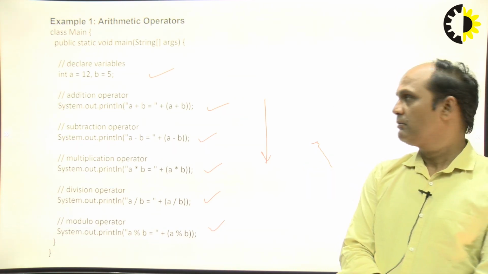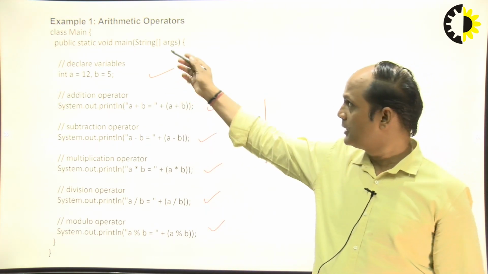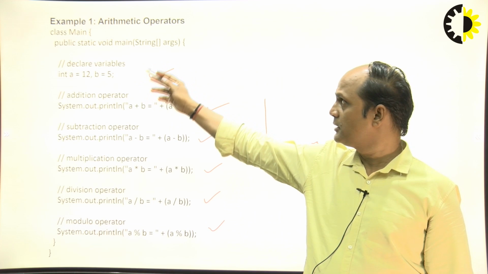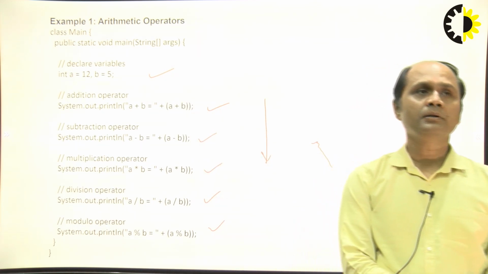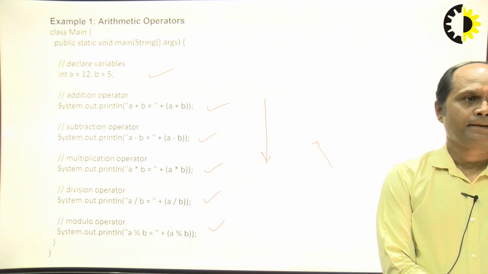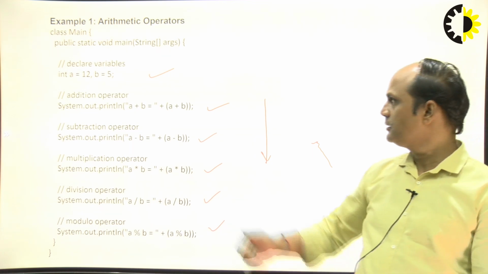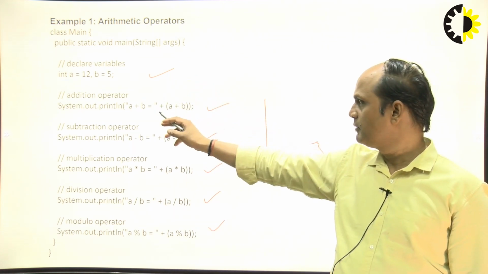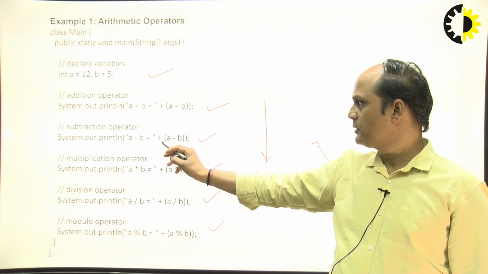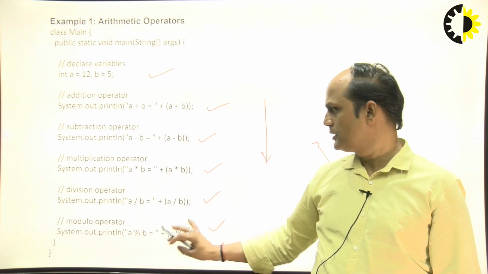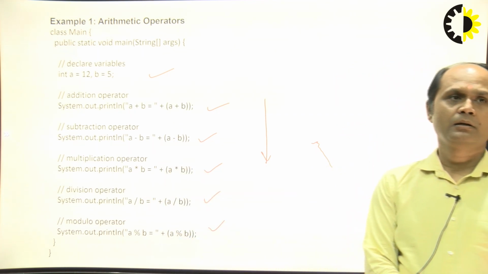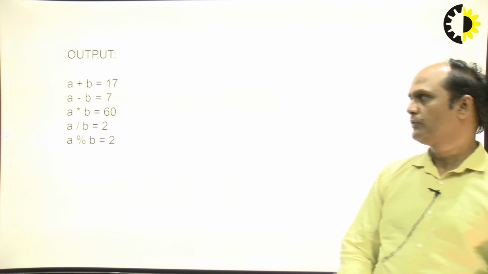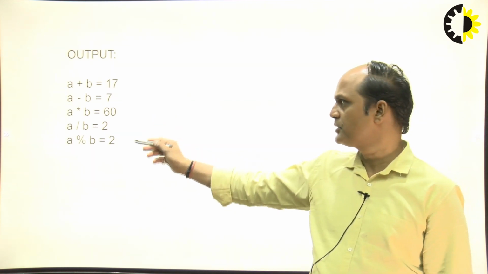After passing the arguments, we can run addition, subtraction, multiplication, division and modulo operators, and they will give the output 17, 7, 60, 2 and 2.